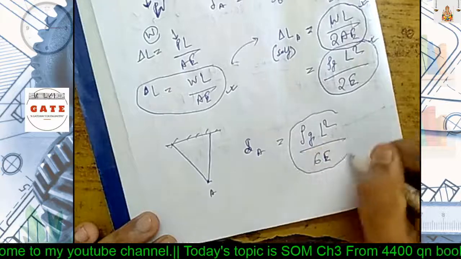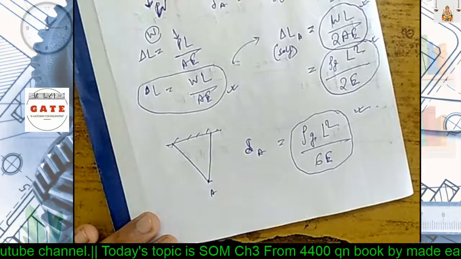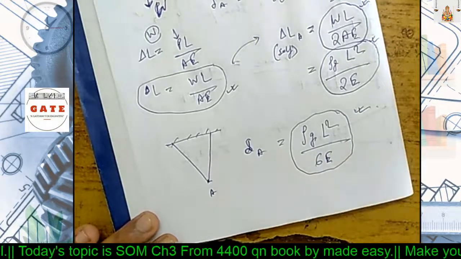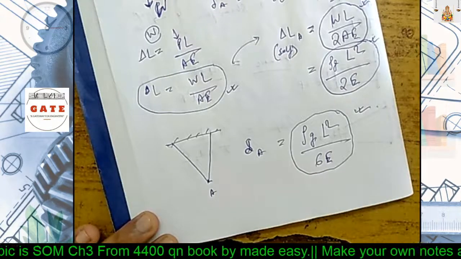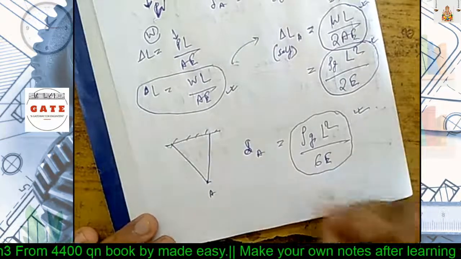Okay, you have to remember in this form. So rho g L square upon 6E.